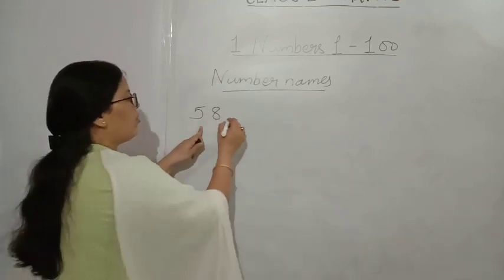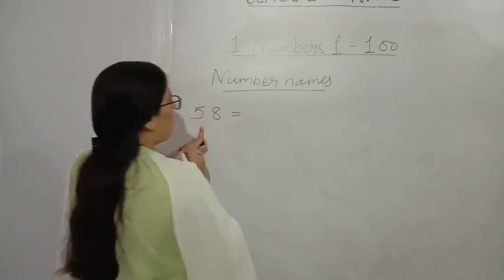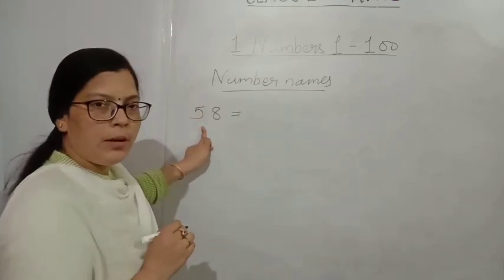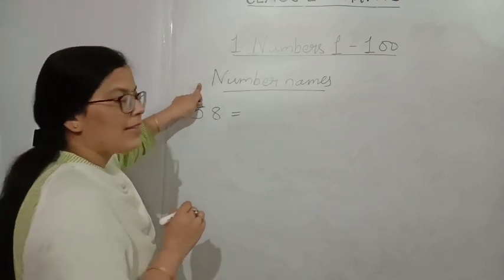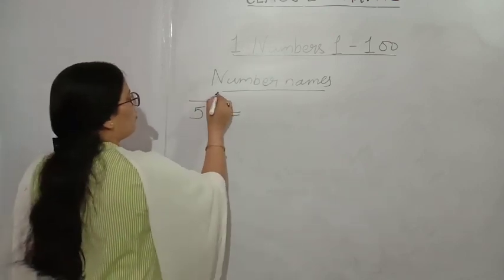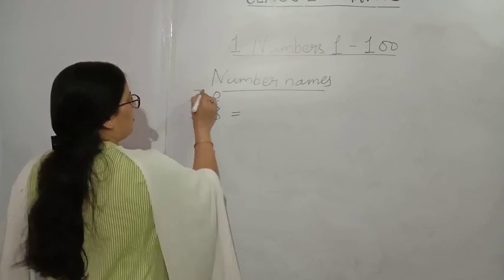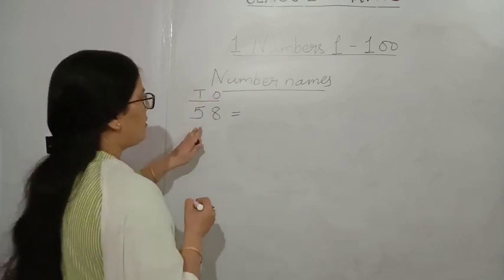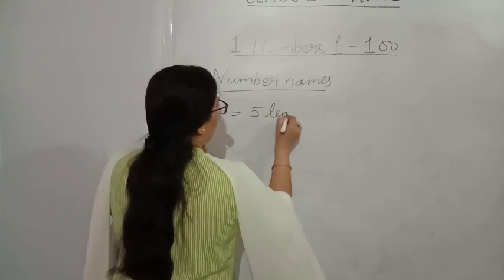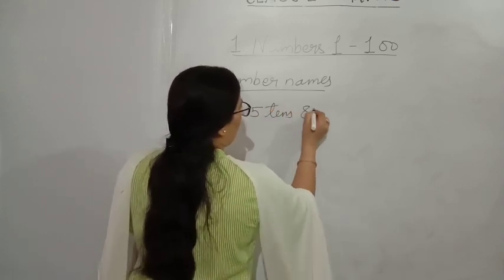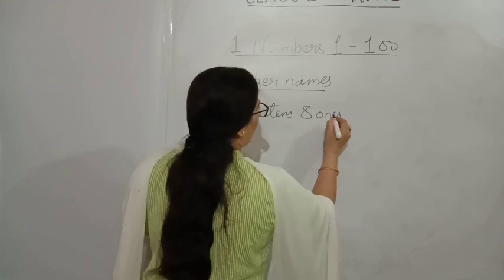Now you know the places of these 2-digit numbers. 8 is at ones place and 5 is at tens place. So we can write it as 5 tens and 8 ones.